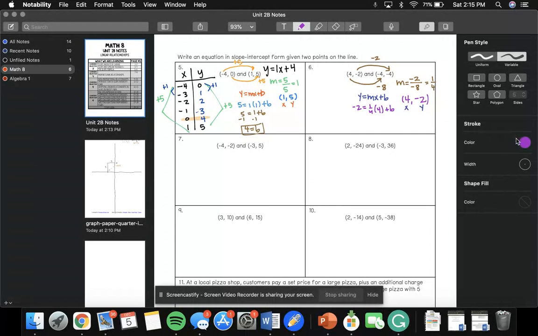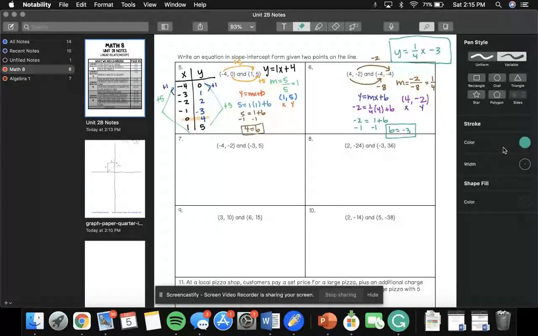I do not know my b value. 1/4 of 4 is 1. And 1 plus something has to equal -2. And that something would be -3. So my equation is y equals 1/4 x minus 3.